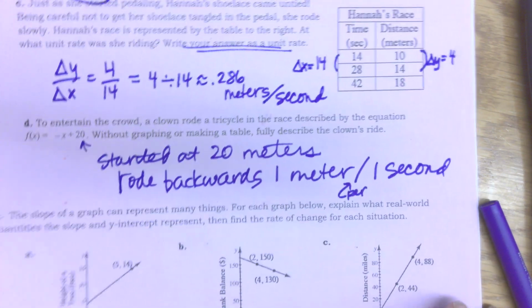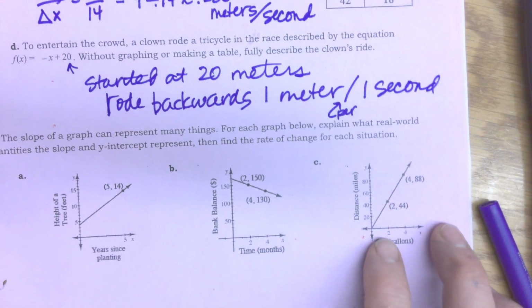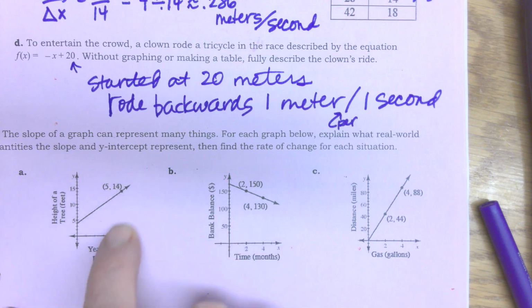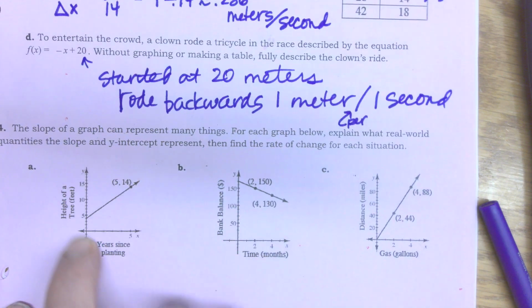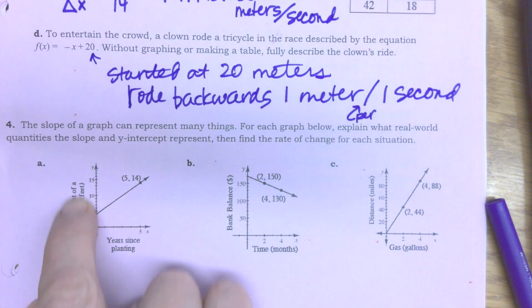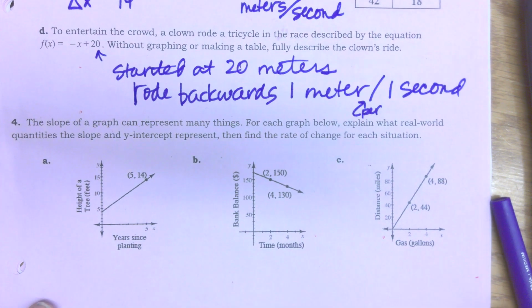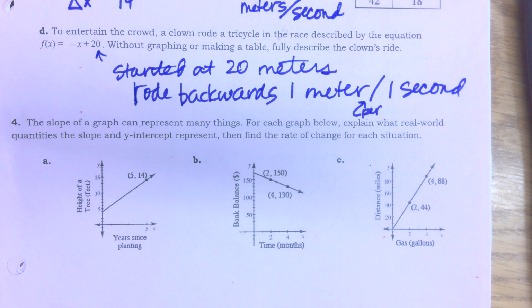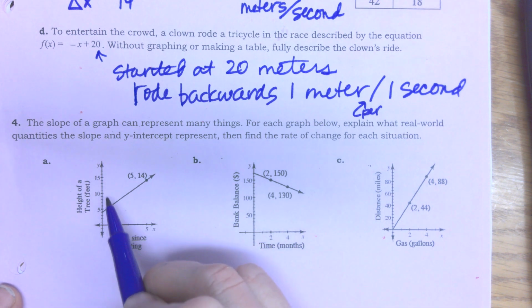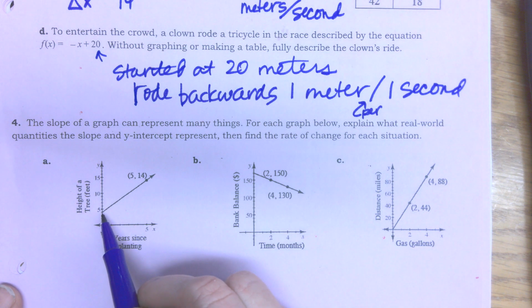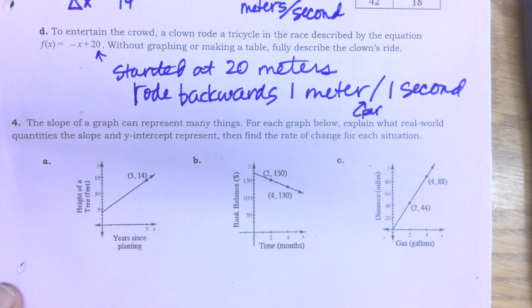Okay, so let's do a quick explanation of these things. Can you guys describe what's going on here? It's going up 5 meters every 14 seconds. No, really? Sure. Oh, 5 feet every 14 years.